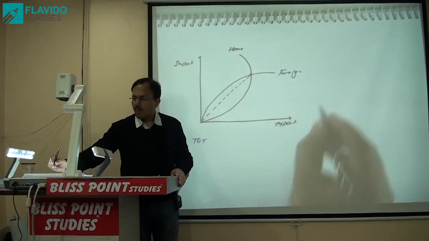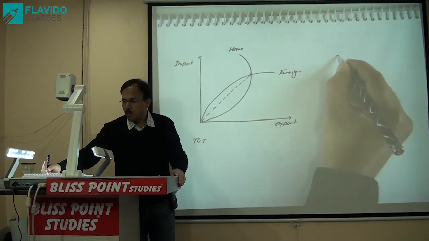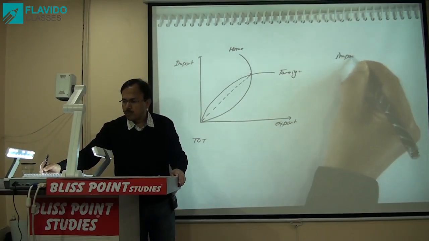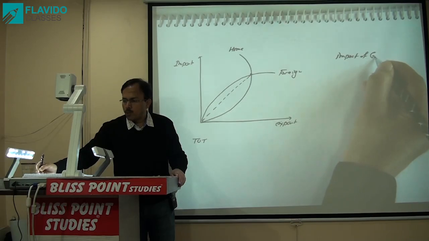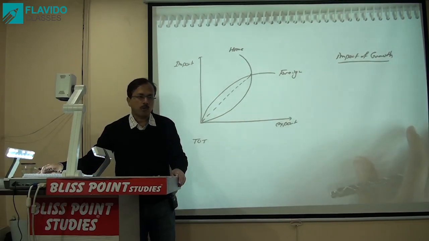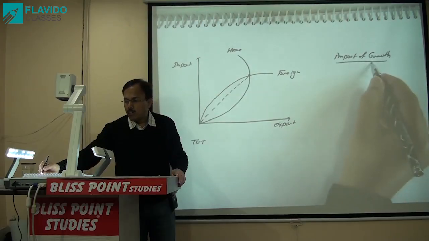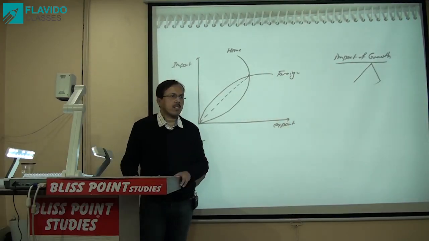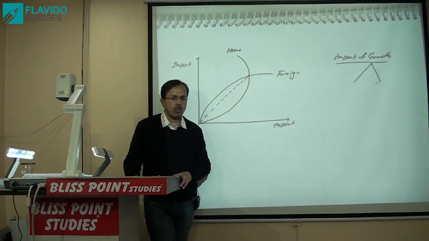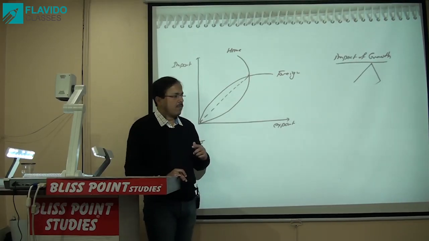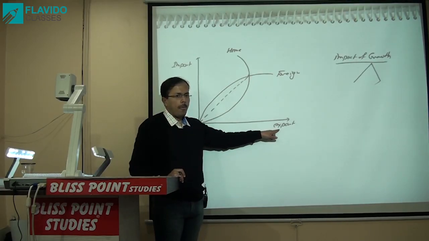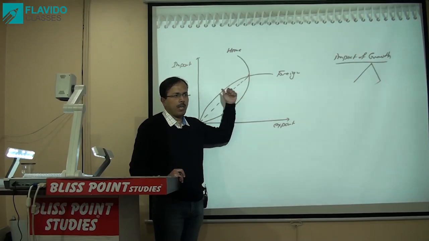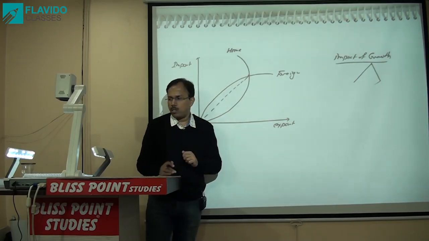Now we have to explain the impact of growth. So how to explain that impact of growth? Again, if you want to score more, divide growth into two parts. What could be the nature of growth? The nature of growth could be export bias or it could be import bias.